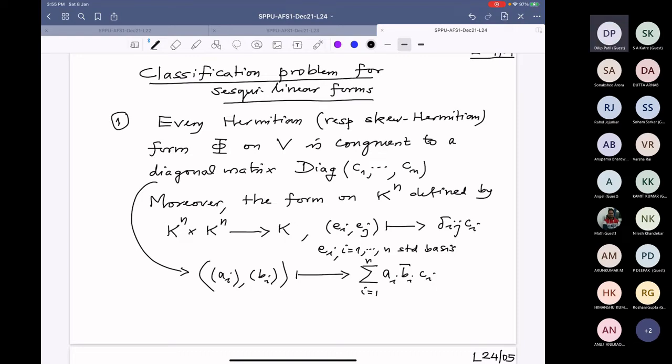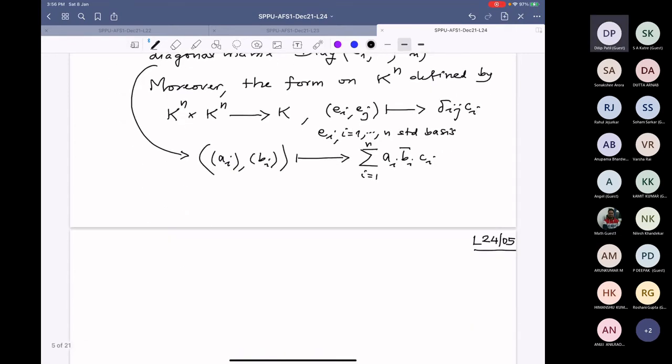Now, if you take an arbitrary field, even for Q or even for a finite field, the classification is not as easy as, of course, the linear maps. But for complex numbers, it is easy because again, C is algebraically closed. And in that case, I will write the corollary then.